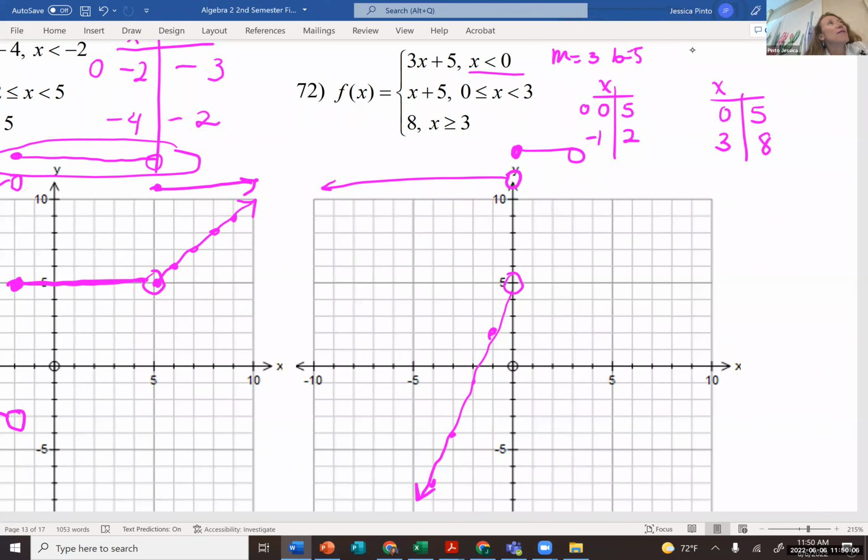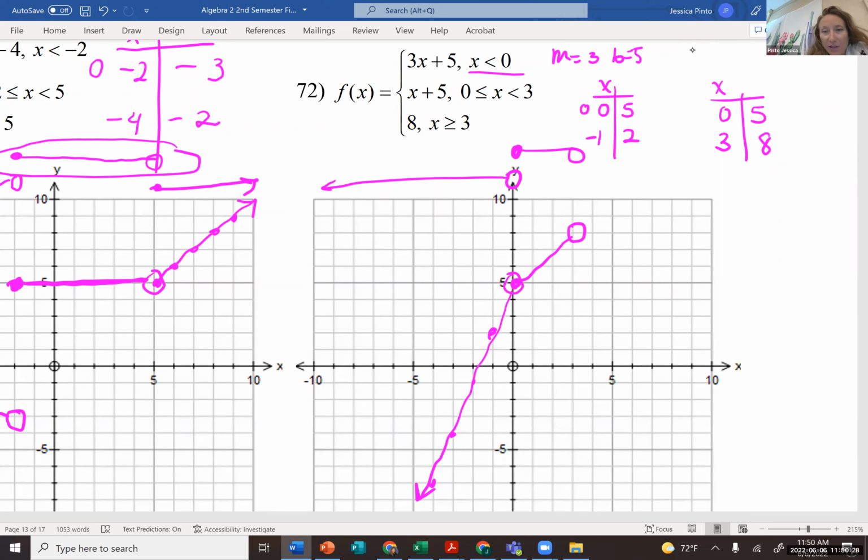So at 0, 5, I'm going to put the closed circle. And then 3 for x and 8 for y, I'm going to put my open circle. Then I connect those two pieces.